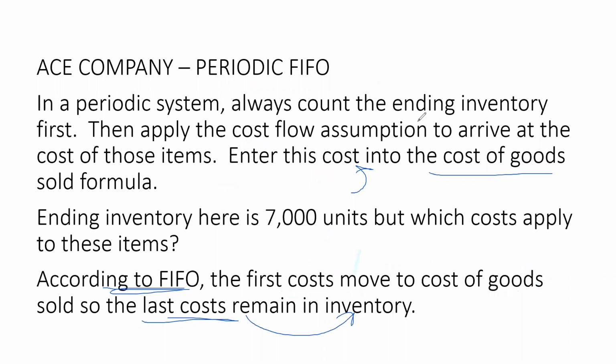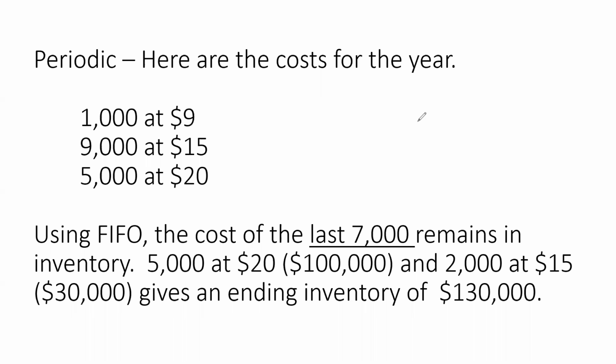So what we want to do now is to see if we can apply that idea. You've got the idea down, those 3 steps. Now, what we want to do is to see if we can apply that to this company. First off, what's their inventory? They had 1,000 units at 9 to start with. They have 9,000 units they bought at 15, and then they bought 5,000 more at 20. That's a fact. That's not an assumption.